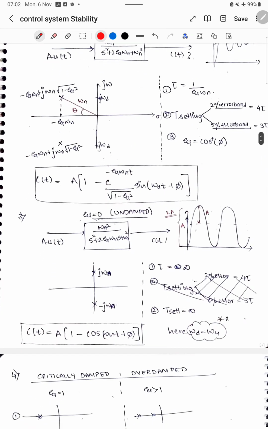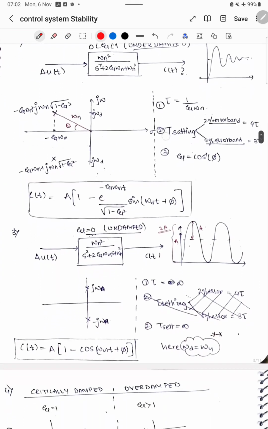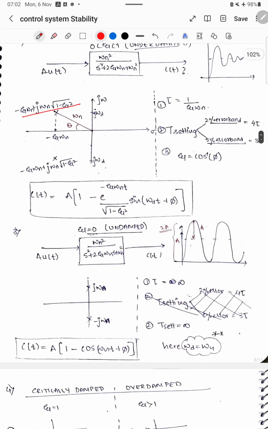As I've already told, for the underdamped case, your roots will be minus zeta omega n plus or minus j omega n root of 1 minus zeta square.